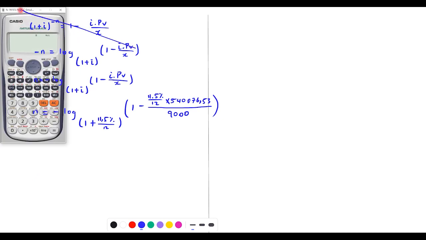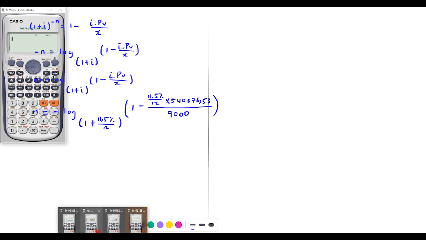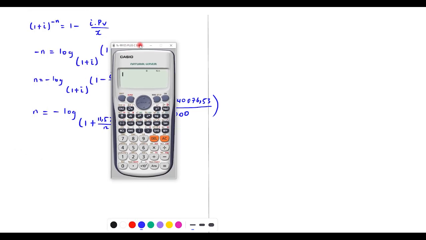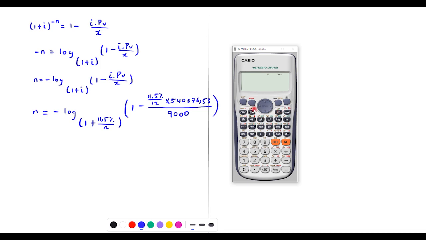Alright, let's open this up. So we're going to say minus log. So it's going to be 1 plus 11.5% over 12. Close that. Then inside that we have 1 minus the fraction 11.5% over 12.